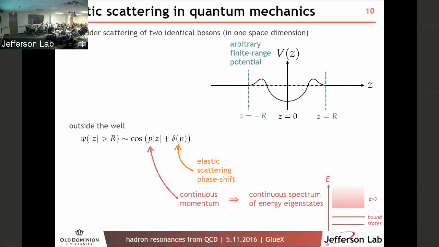It doesn't matter what the shape is, but here's one possibility. Then you know from your introductory quantum mechanics that you can have scattering solutions, that is, solutions of positive energy. They have a wave function which outside the range of the potential looks just like a free particle modulated by this thing called the phase shift, which tells you all there is to know about scattering.